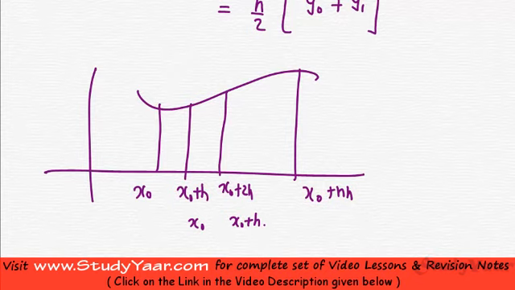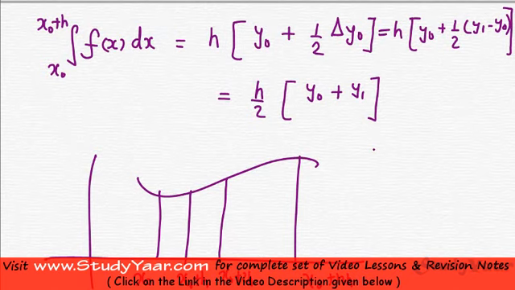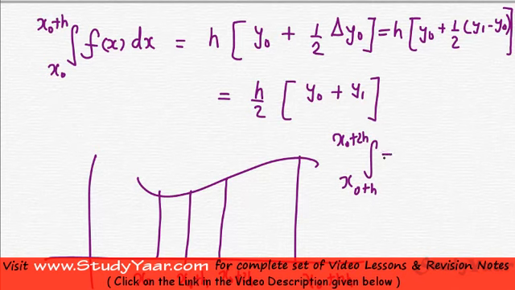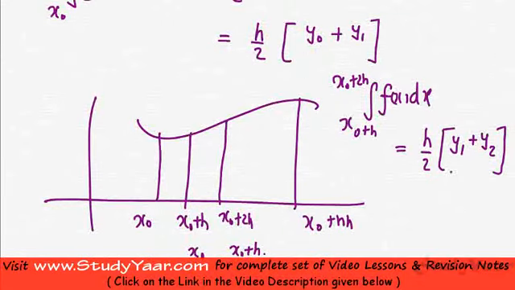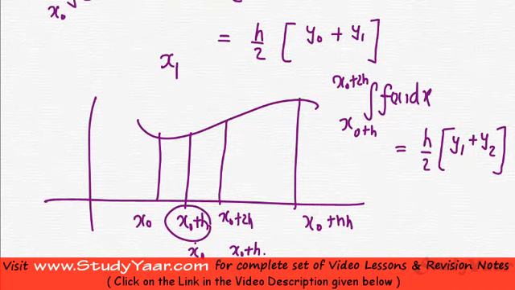So over here your integration from x0 plus h to x0 plus 2h of f(x) dx is going to be h by 2 into (y1 plus y2). When you are having x0 you have y0 plus y1. So when you are having x1, which is this guy, you are going to have y1 plus y2.